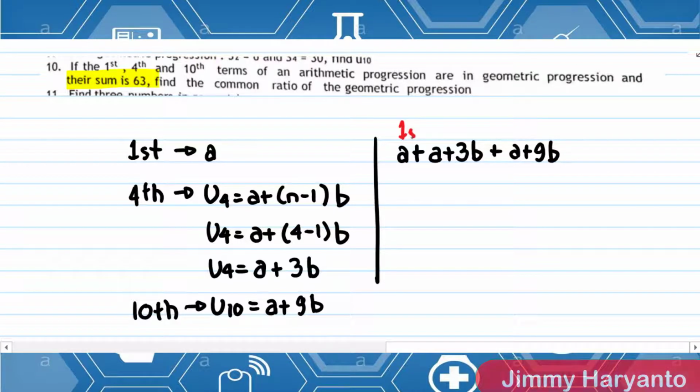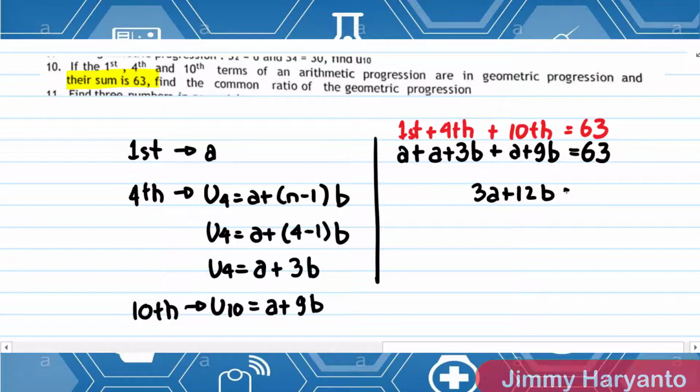That means the first plus the fourth plus the 10th. The result will be 63. So I will get 3A plus 12B equals 63, and then I can divide by 3 so I will have smaller numbers. A plus 4B equals 21, right?